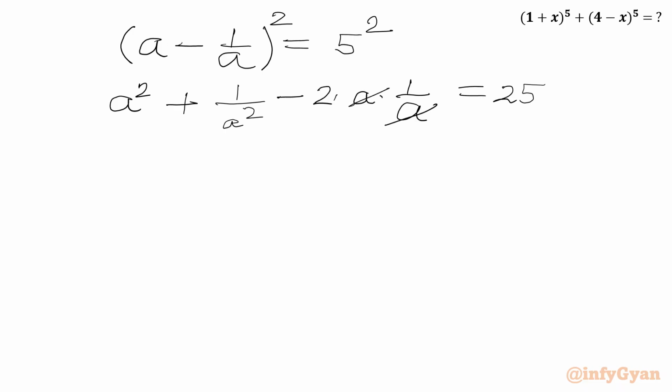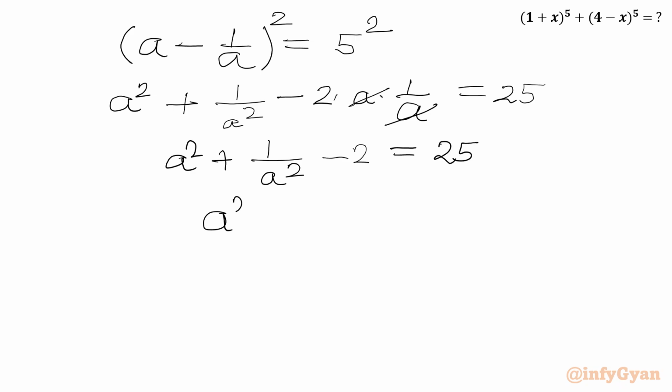Now A and A will cancel. We will get A² + 1/A² - 2 equal to 25, or I can write A² + 1/A² would be equal to 27.